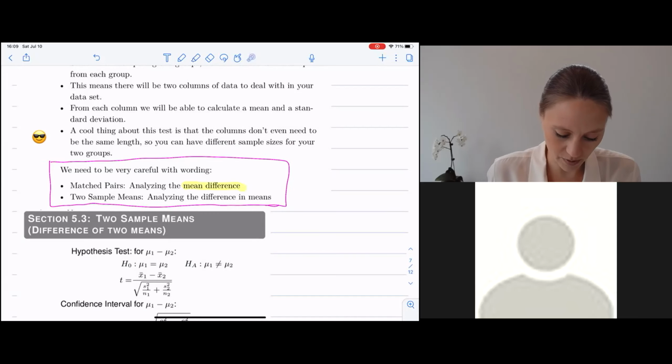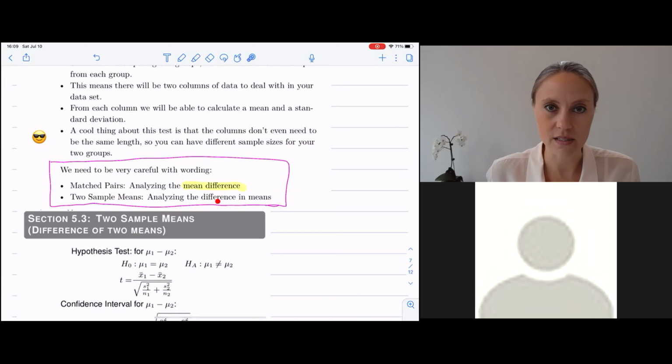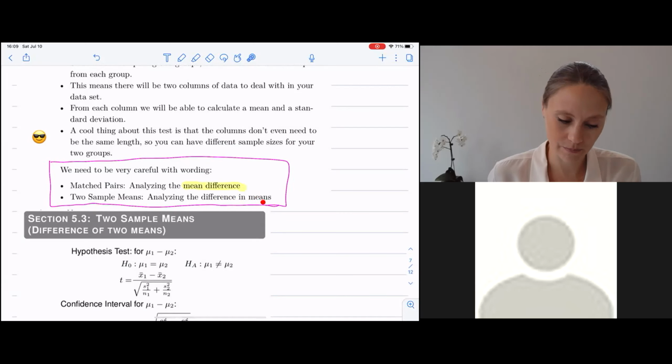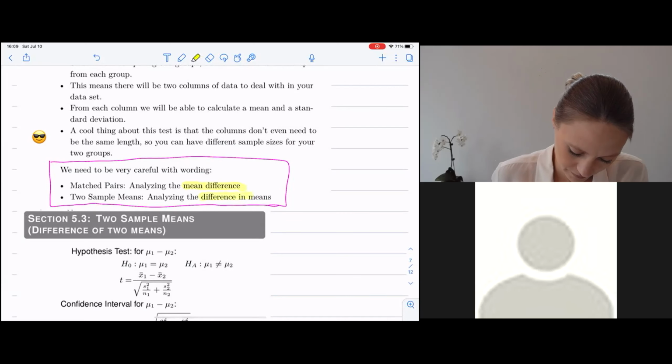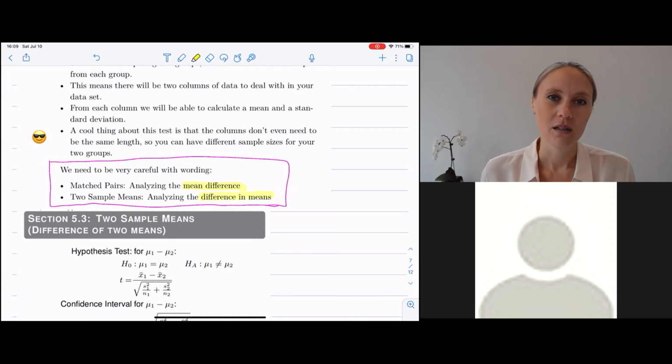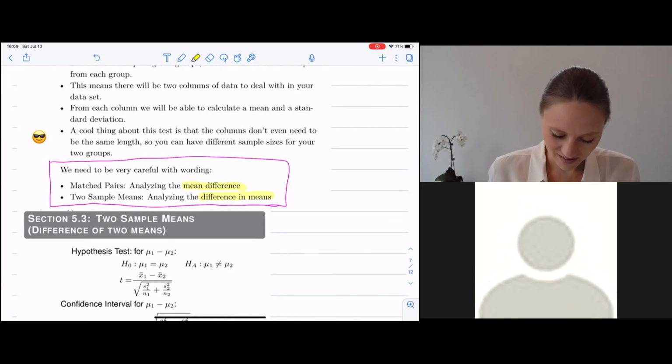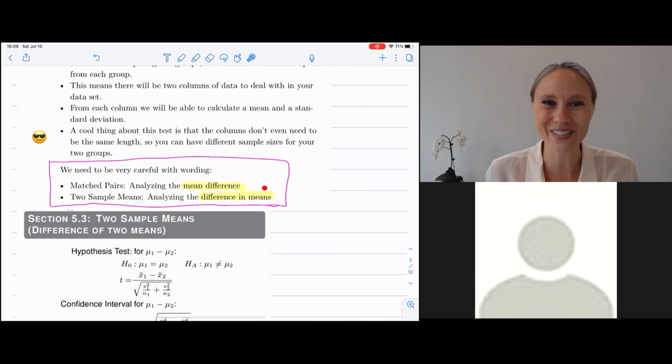For two sample means, we're analyzing the difference in the means, mean A minus mean B. I hate to use the word difference, but there's a huge difference between these two differences: the mean difference versus the difference in the means.